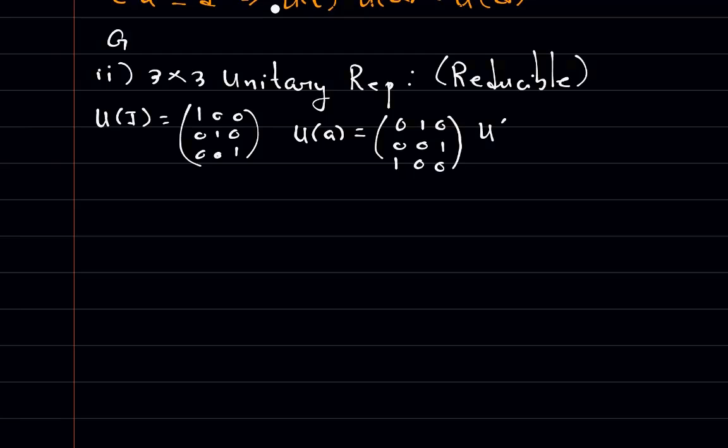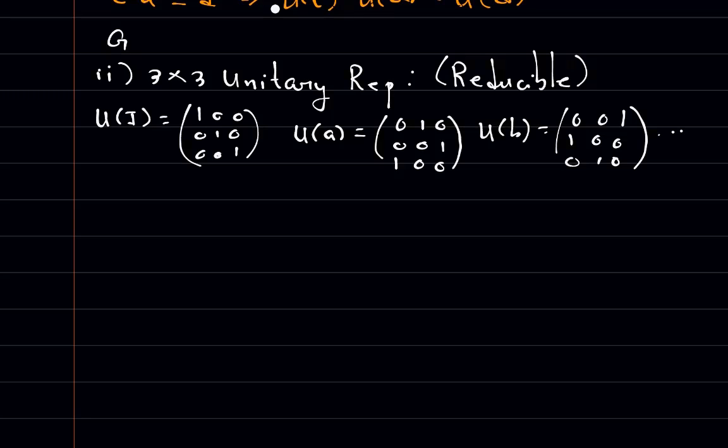Similarly, let me write it for B also, and this, and so on. So we have 6 matrices that mimic the same thing.